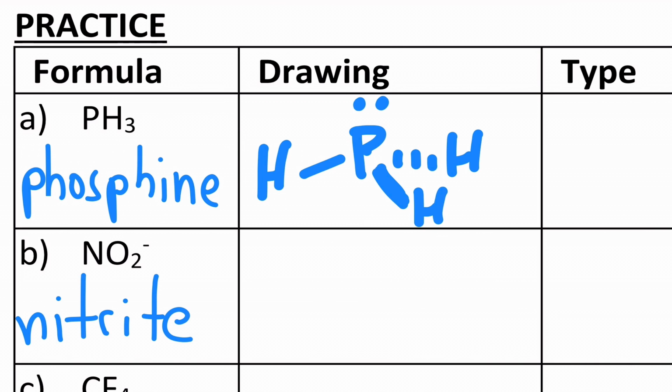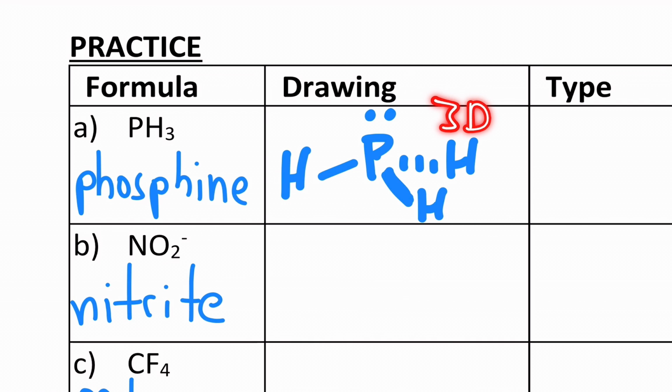You don't have to stick to this rule, but if the line is just a regular line, that means it's in the plane of the page. And if it's a bolder line, like this H in the lower right, that actually means it's coming out of the page toward you, and this dashed line is implying that it's going back into the page behind you. So that's a way we show 3D in 2 dimensions, by just drawing it.